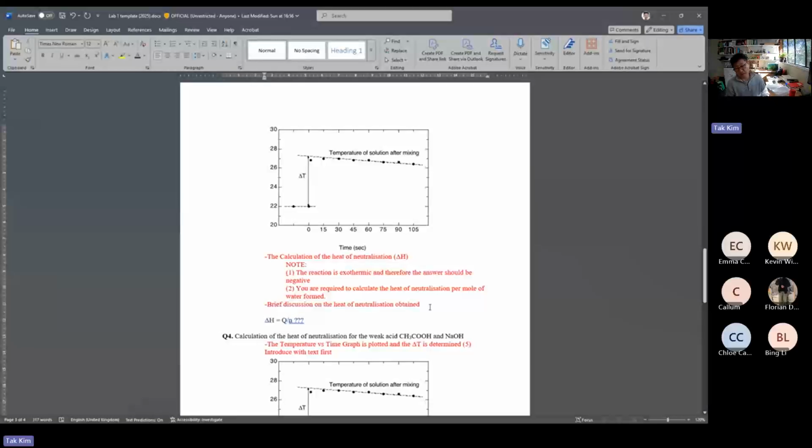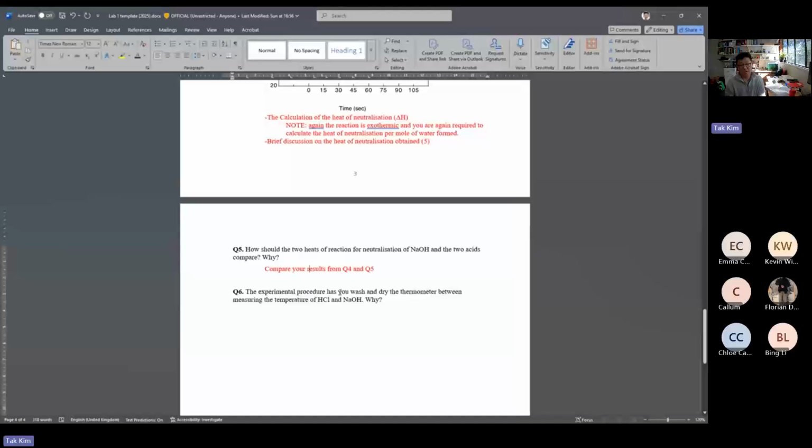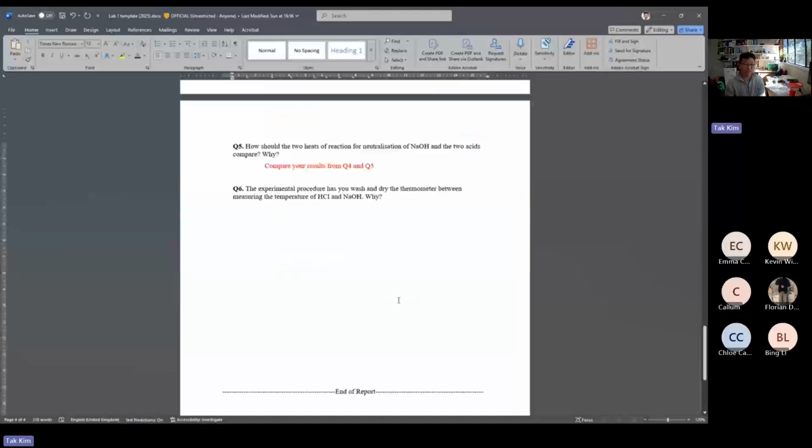If you don't have any specific equation, this is the one you want to use for your enthalpy calculation. And again, make sure you put a negative sign at the end once you get the numbers, because it'll be an exothermic reaction. And I think I explained everything.